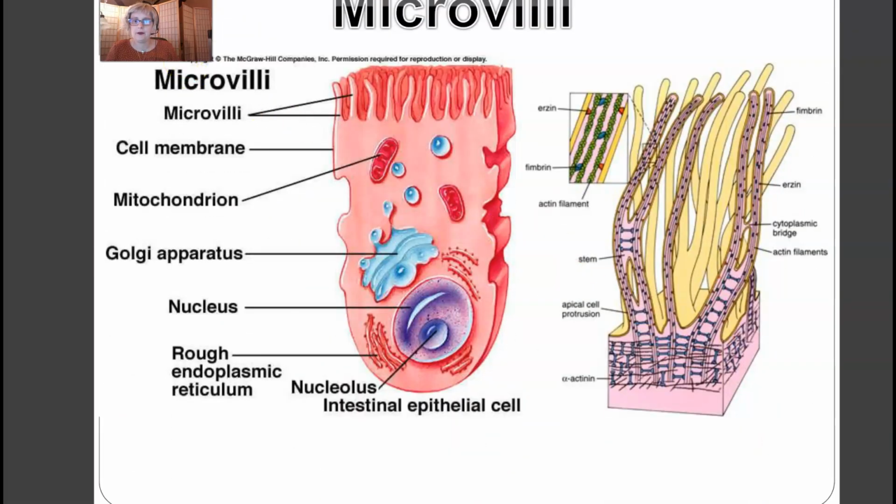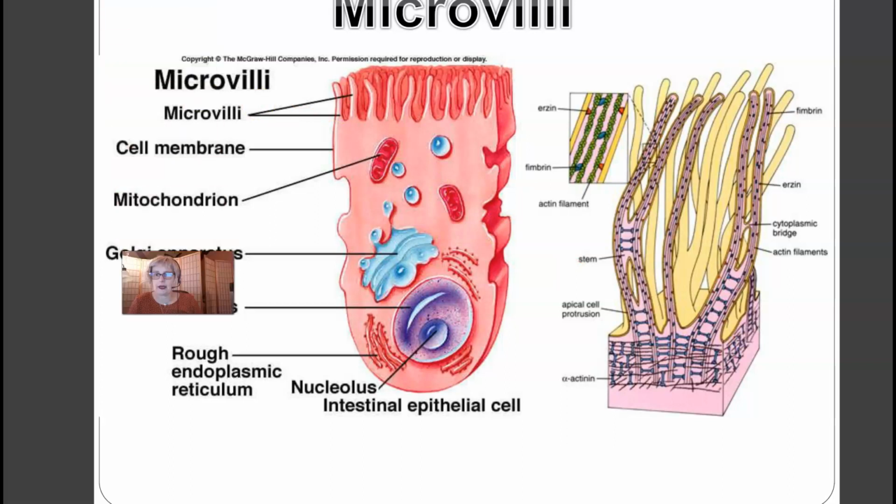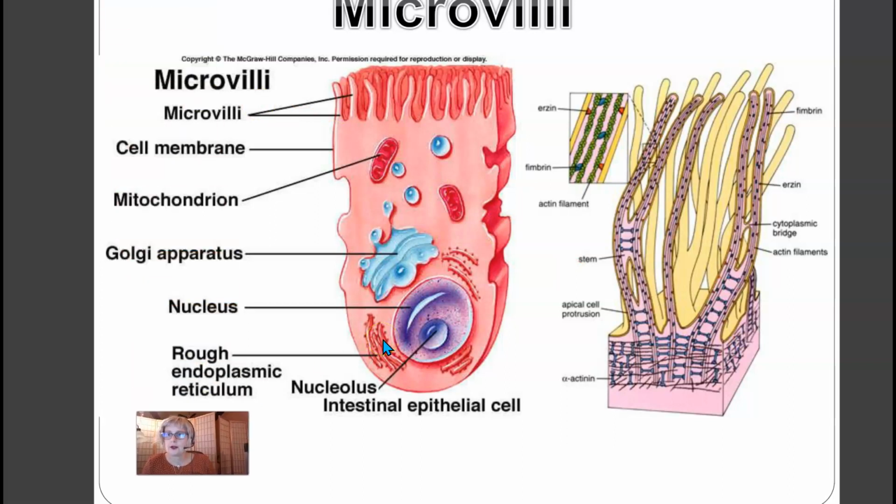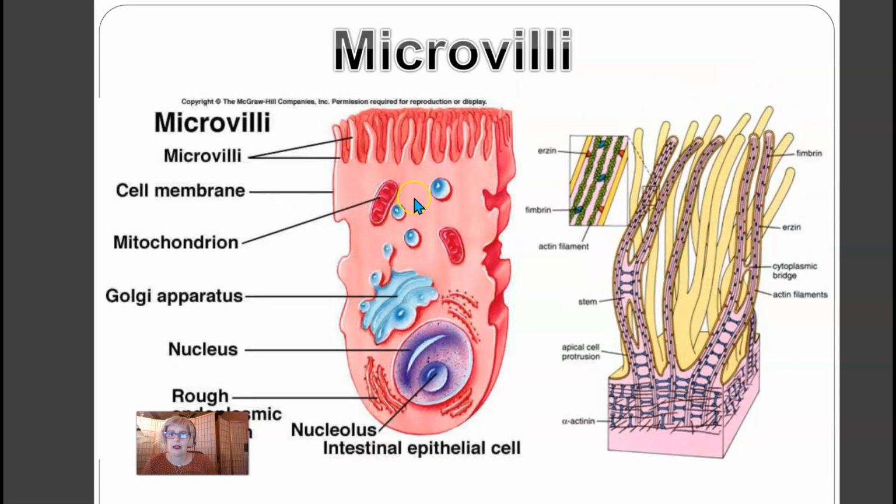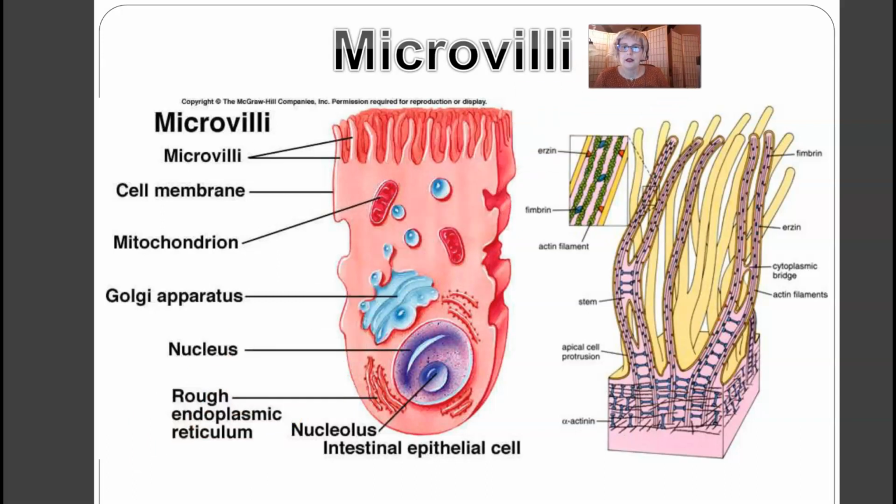So the microvilli are basically going to be found in definitely intestinal and reproductive areas like the uterus, for example. Microvilli are basically there to increase the surface area and allow increased absorption and movement of the molecules or whatever we're looking at. So these are the microvilli.